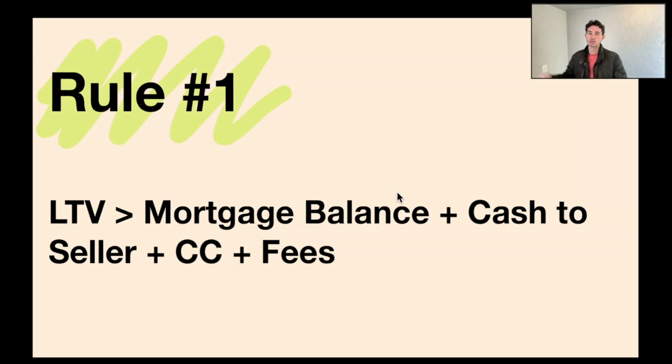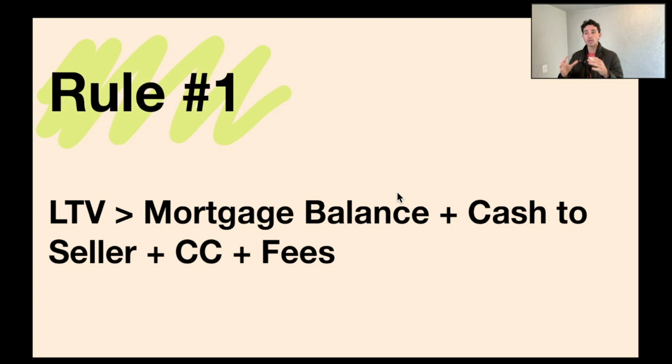Experienced investors, or depending on the performance of the property, might be able to get a higher LTV, but I like to run numbers, and I suggest you as the buyer, or if you're wholesaling these deals, run the numbers with LTV at 70%. Okay? So the LTV needs to be higher than the mortgage balance, plus cash to seller, plus closing costs, plus fees.